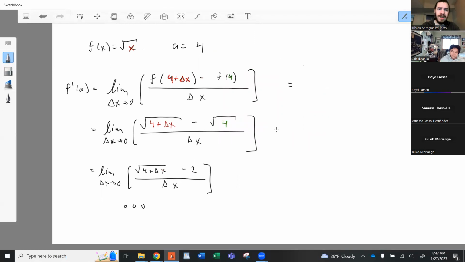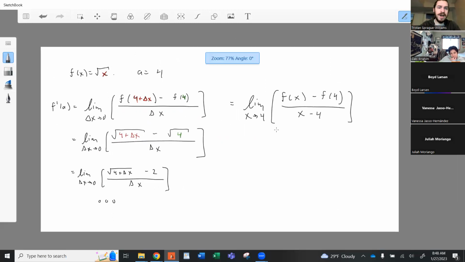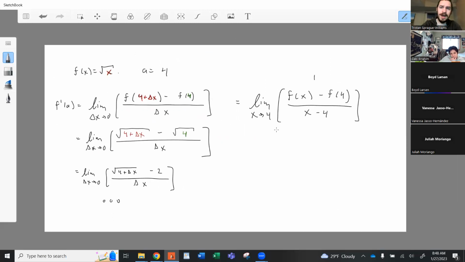Another way to set this up is limit as x approaches 4 of f of x minus f of 4 all over x minus 4. This is the other of the two ways to define it. The first was the way I called number 1, and this was number 2. But I told you that this is more common.